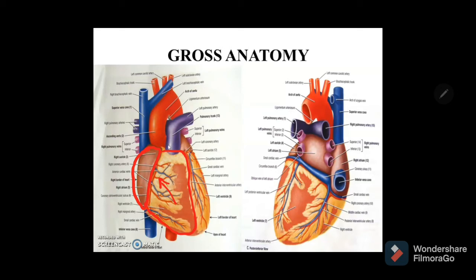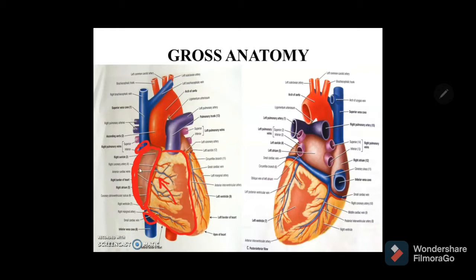The right atrium forms part of the sternocostal surface that you are seeing here. It also forms the right border of the heart, which extends between the openings of the superior vena cava and inferior vena cava.